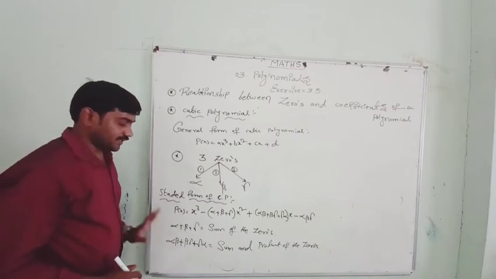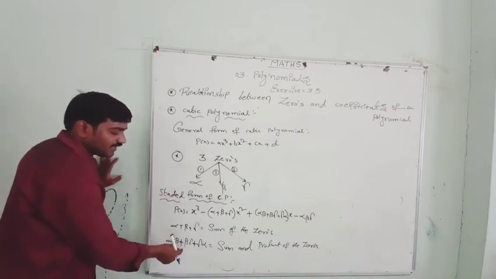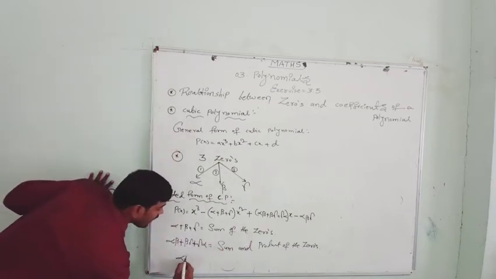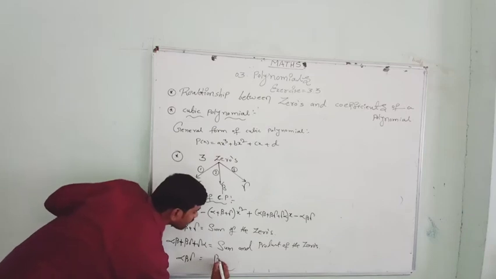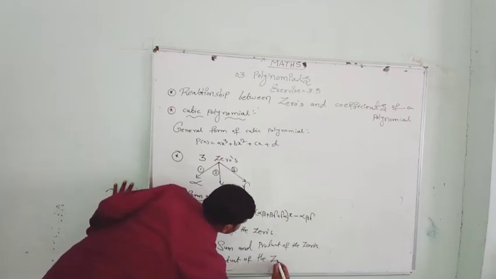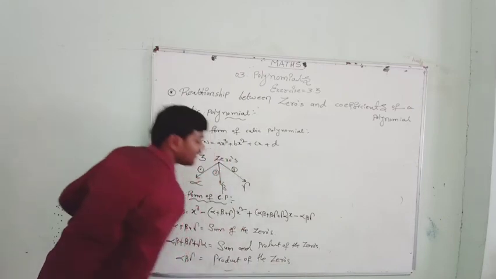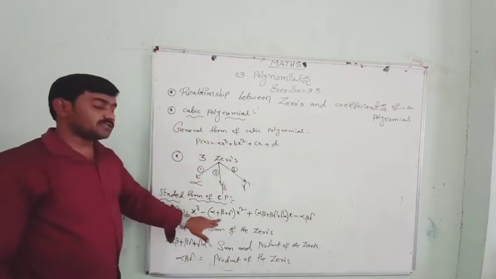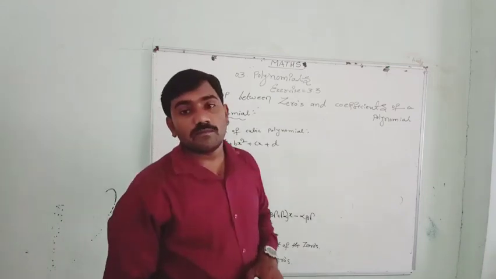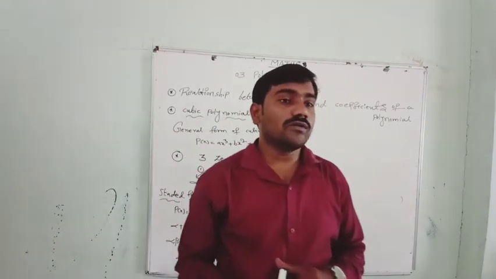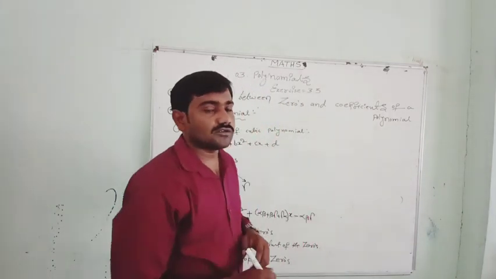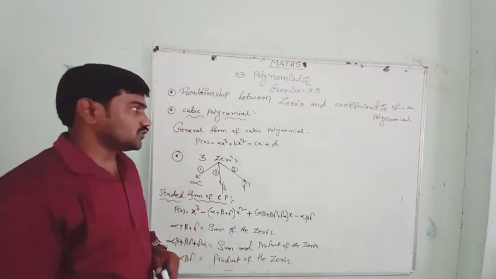Then alpha beta gamma is called the product of the zeros. So alpha plus beta plus gamma equals the sum of the zeros, alpha beta plus beta gamma plus gamma alpha equals the sum and product of the zeros two at a time, and alpha beta gamma equals the product of the zeros.